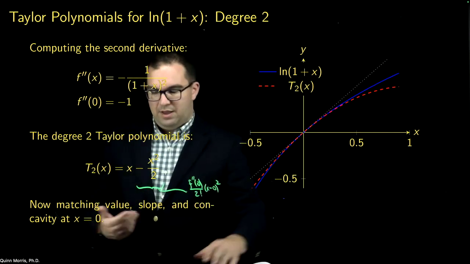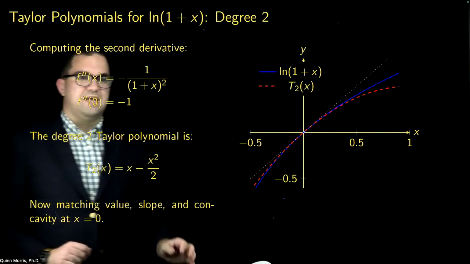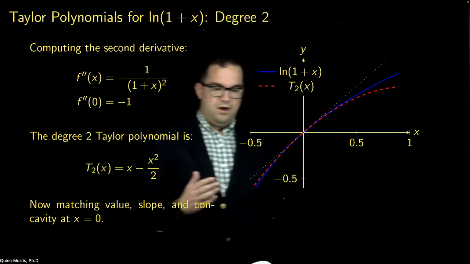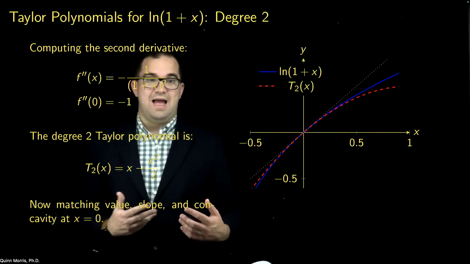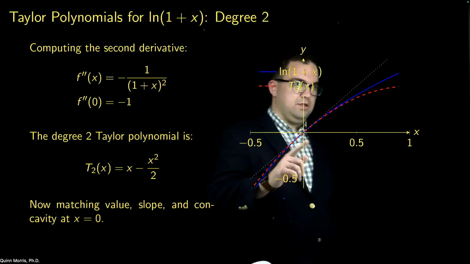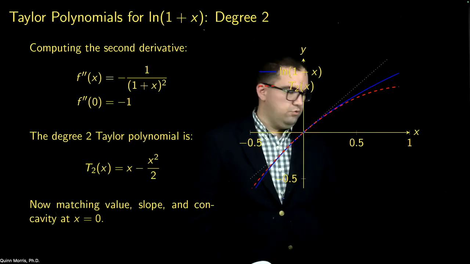And again, now I match the function value, the first derivative, and the second derivative all at 0. Thinking another way, you're matching the value, the slope, and the concavity at that point. And you can see here in the dashed red the Taylor polynomial of degree 2.